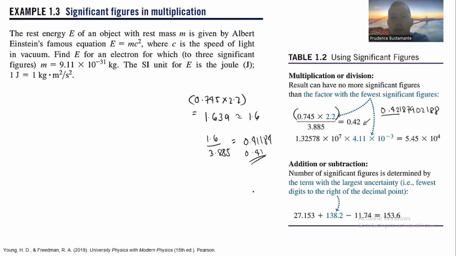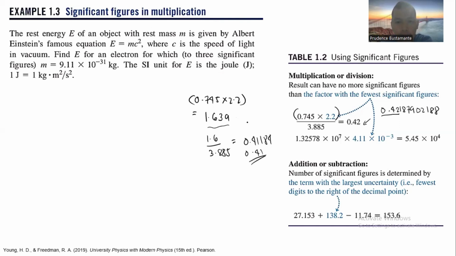What should we do in this particular case? Remember, this is the final result. When you do calculations that give you intermediate results, don't apply these rules yet. Get as many significant figures as you can. If possible, include all of them.